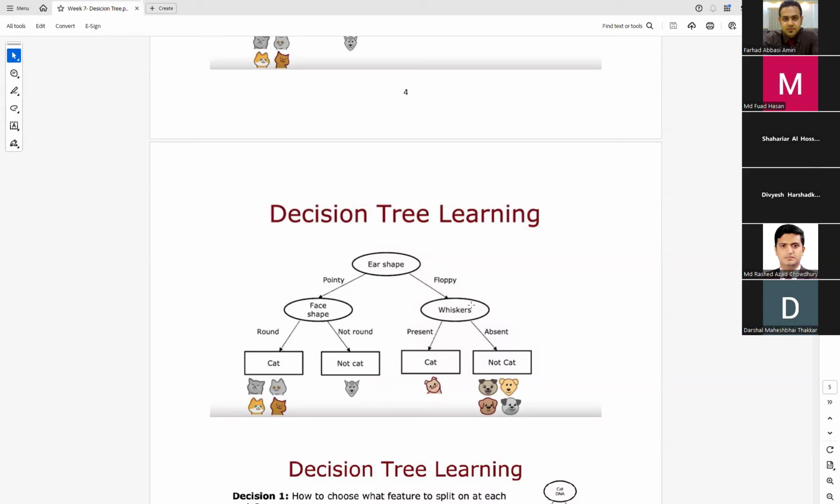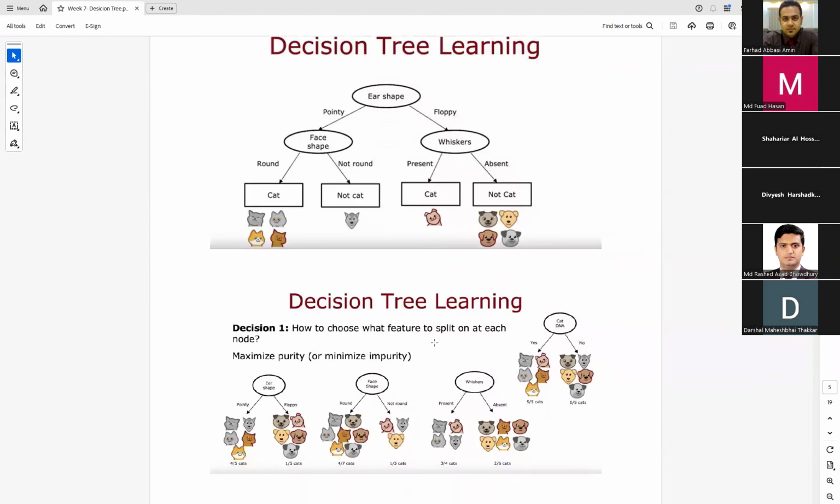In the next step, we come to this decision node, whiskers. Whiskers has 2 possibilities. We can split the subset of data on this feature, the whisker, present or absent, and then this decision node result in these 2 leaf nodes, which decide the image is cat or not cat. This is how decision tree works.